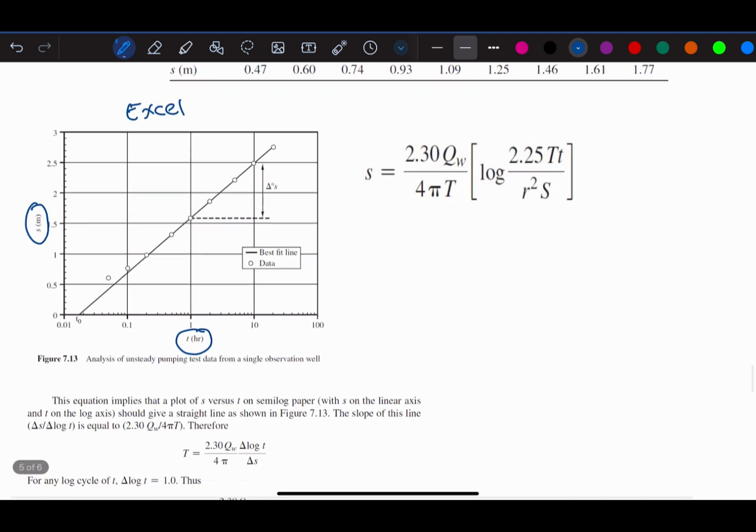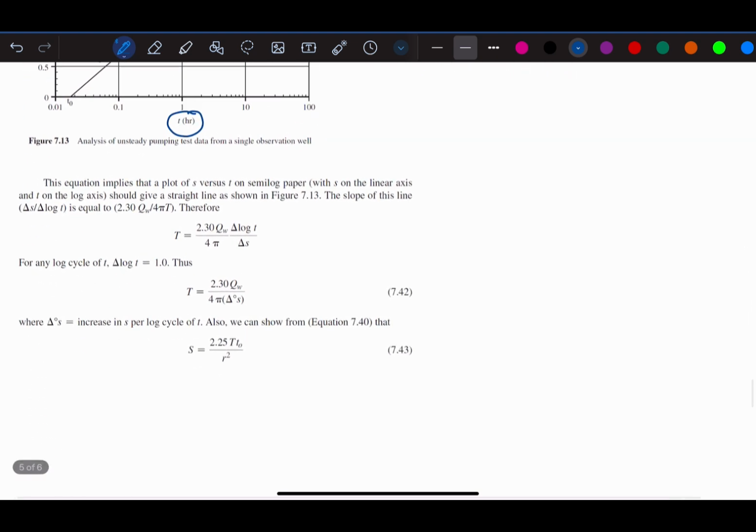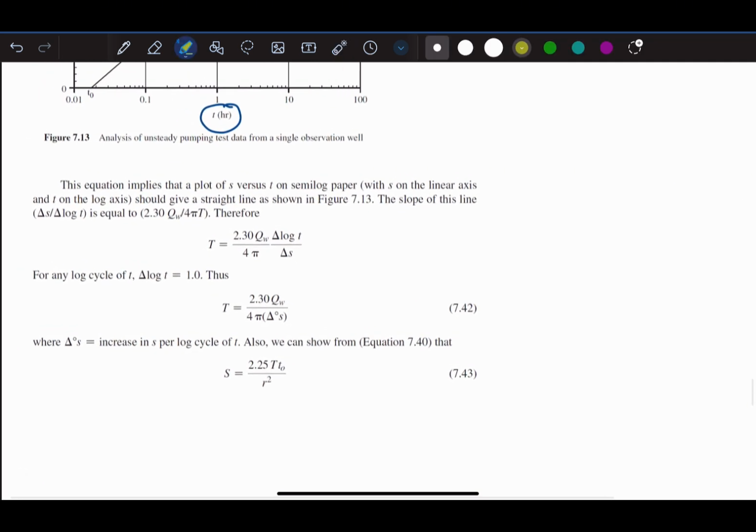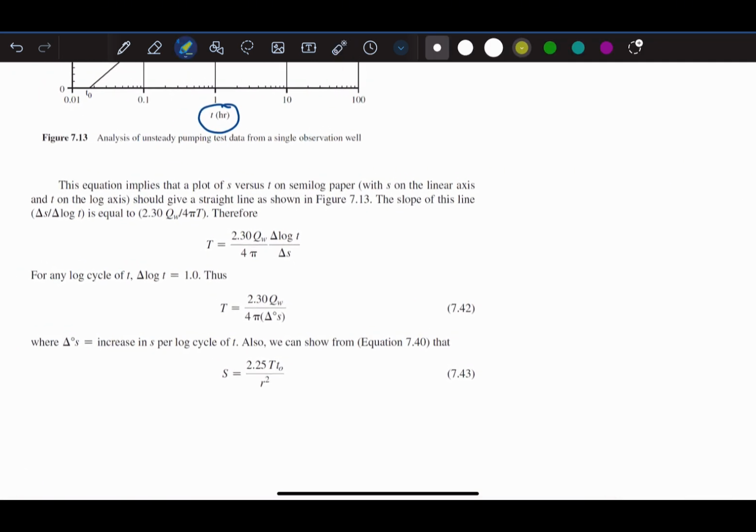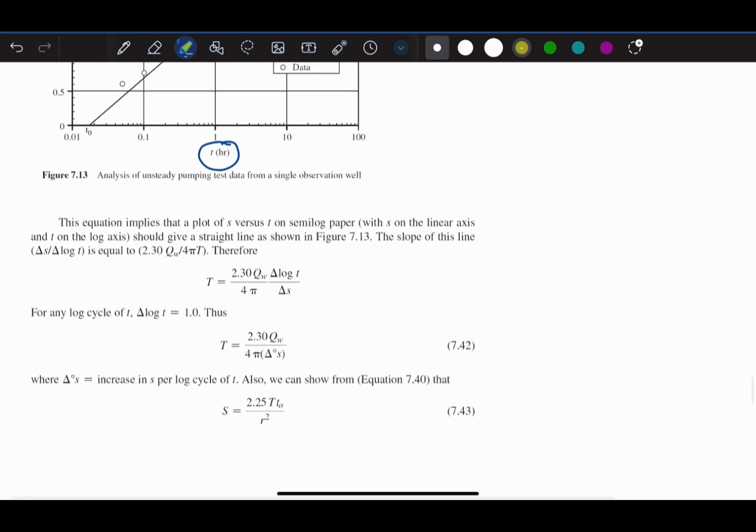And we can now check these equations below. A plot of S versus T on the same log paper should give a straight line as shown in the figure. So to find the transmissivity, we need to use this equation.